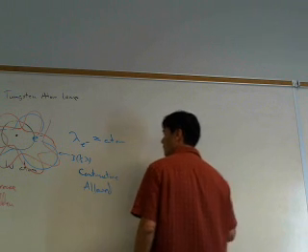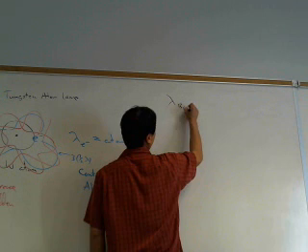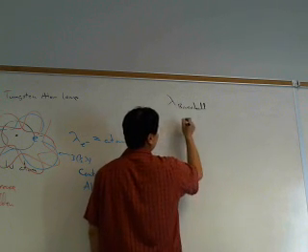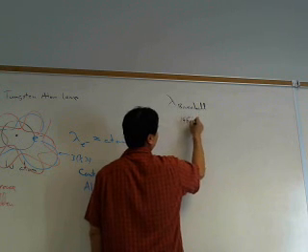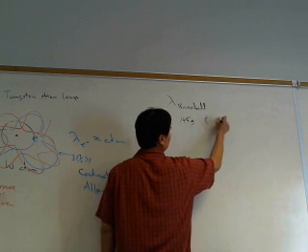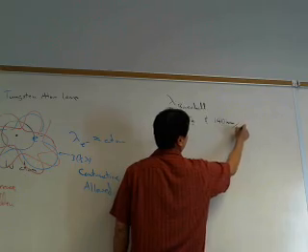And so let's do a big object, not an electron, but let's calculate lambda for a baseball. Let's say that the baseball weighs 145 grams and is traveling at a speed of 140 kilometers per hour.